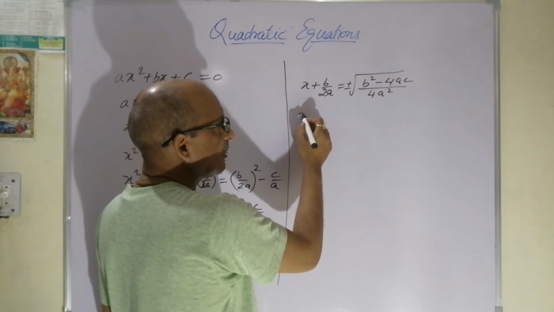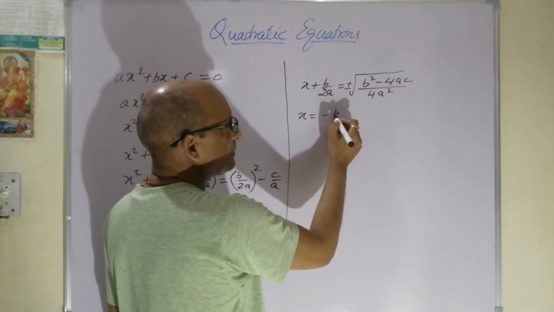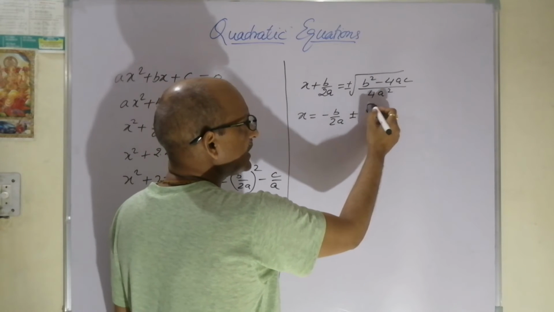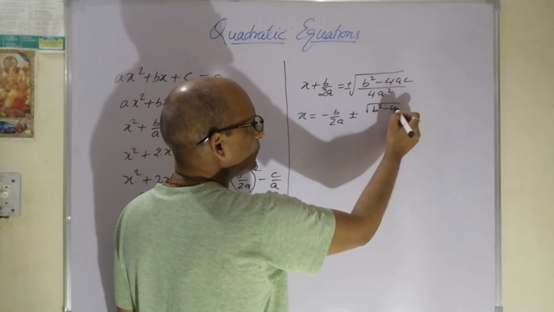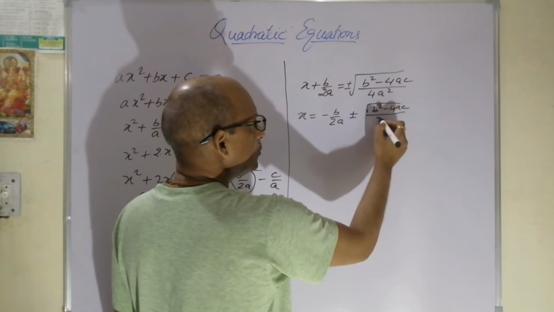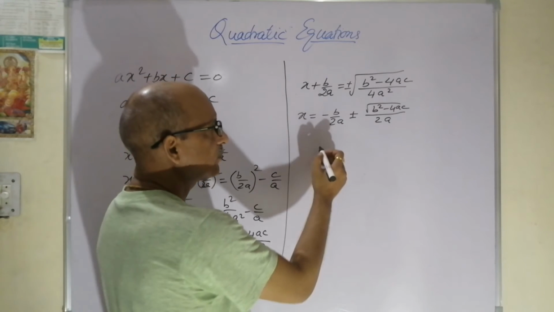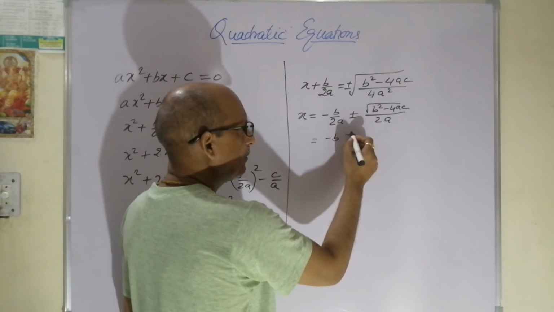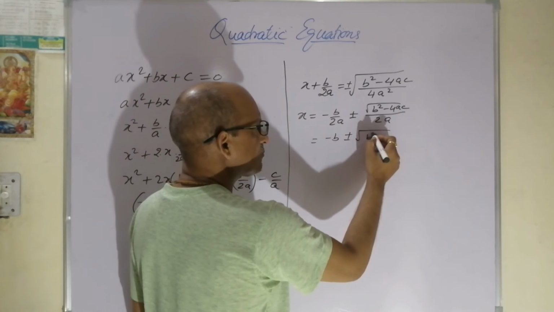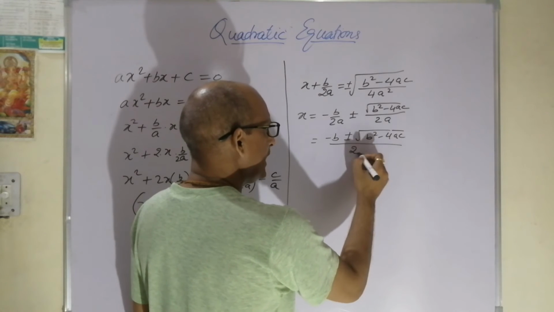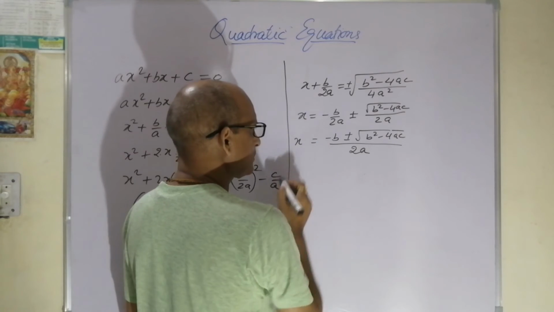So when we want to get x, that is equal to minus b upon 2a plus minus under the root b square minus 4ac upon 2a, because square root of 4a square is 2a only. So we'll have minus b plus minus under root b square minus 4ac upon 2a, that is equal to x.